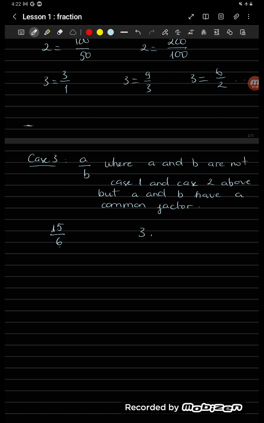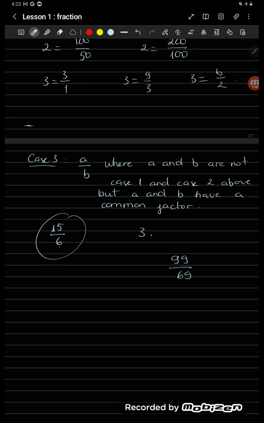But if you see a fraction where the numerator and the denominator are big numbers, for example, let's say 99 over 69, how can you find a common factor of 99 and 69? Okay, so let's talk about it. We will take the first example first, 15 over 6.